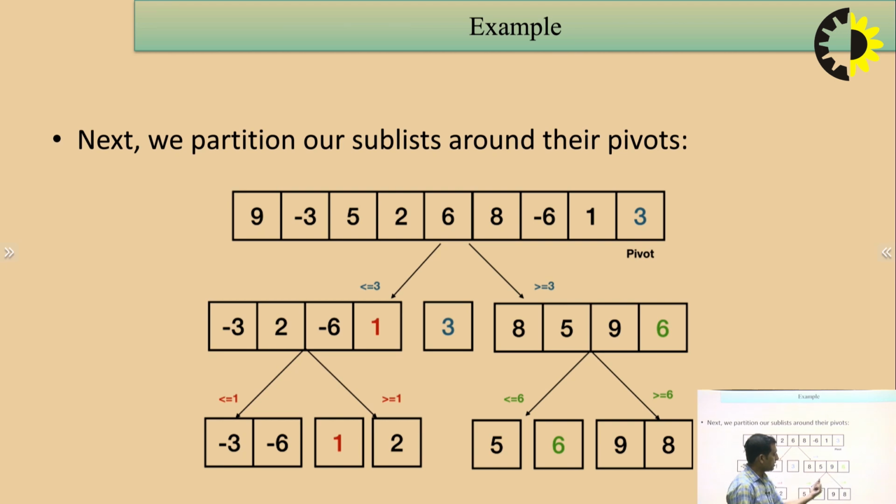Place 6 such that the left subarray contains elements less than or equal to it and the right subarray contains greater elements. Again repeat this process on the left and right. Here the right subarray contains only one element, so do not partition further, it is not possible. So we must stop for the right partition. Here we must stop for the left partition, as division is not possible. For this one we partition this, and for the right we partition this.